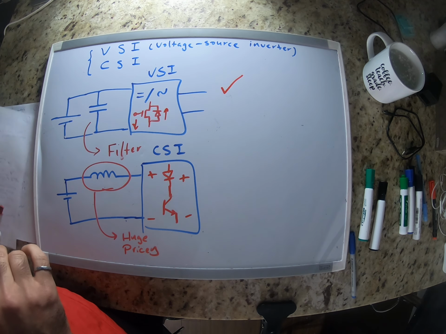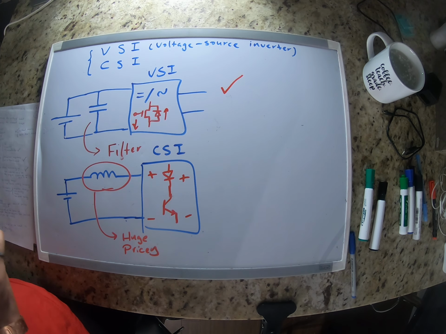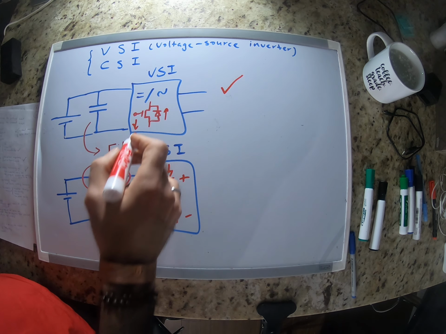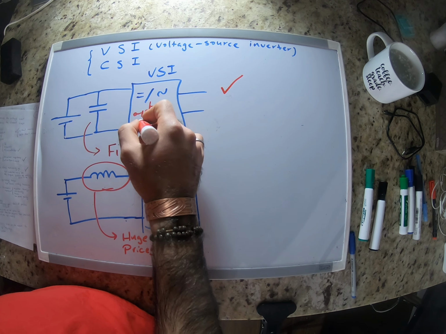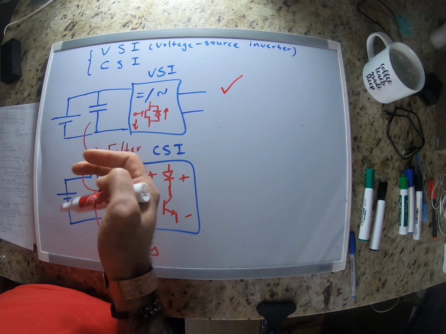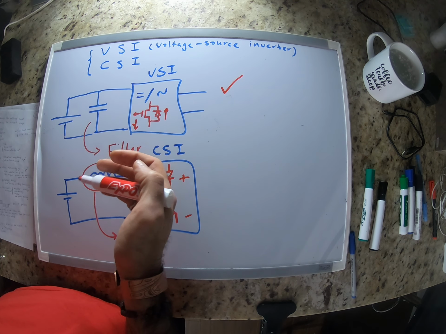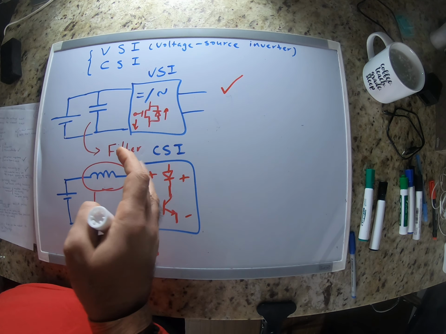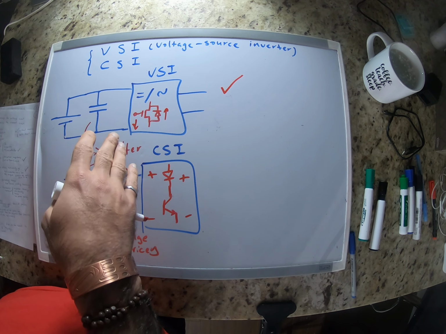Now let's go back to the concept of voltage source inverter. There are switches here in the inverter. We saw that, for example, for a half bridge we had 2 switches, for full bridge we had 4 switches, and we'll see later in a 3-phase inverter we have 6 switches.